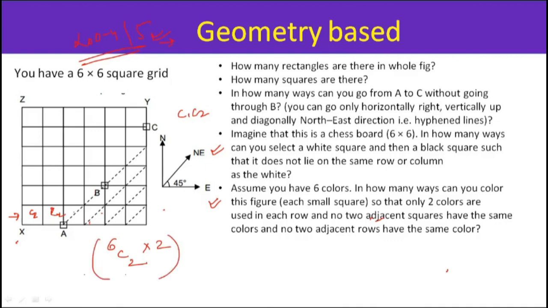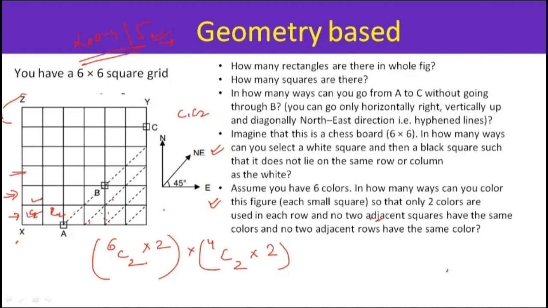Now, because you have already painted this row with 2 colors, in this next row, how many colors are left? Because no 2 adjacent squares should be of similar color, right? So if you have already chosen 2 colors, how many colors are left? Total 4 colors are left. Again, same, you can choose any 2 colors from there, and then you can arrange this row in 2 number of ways. Now you have painted this as well.